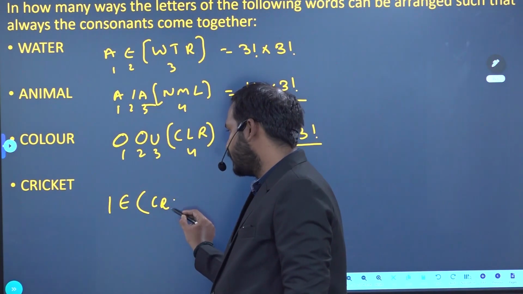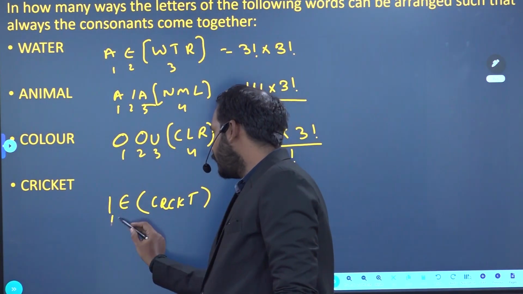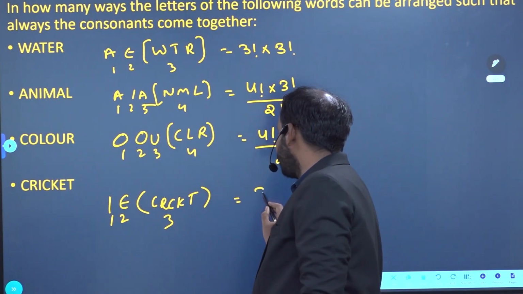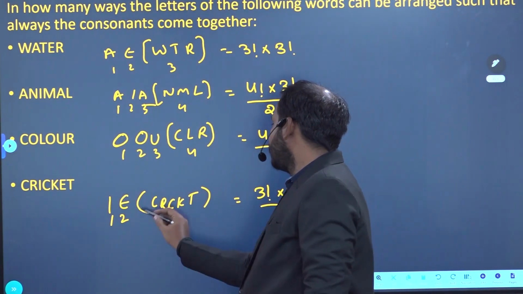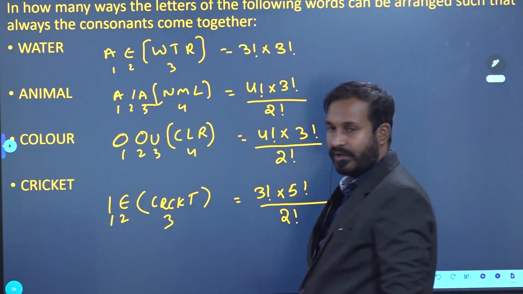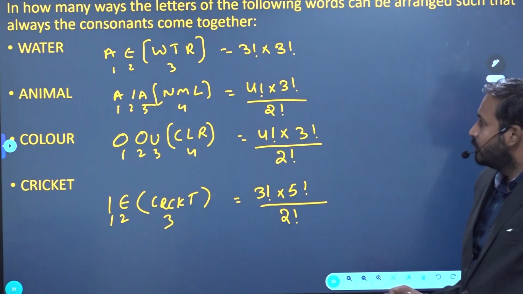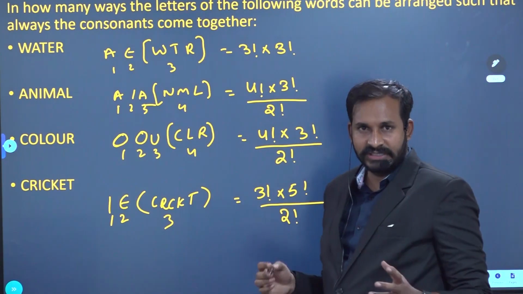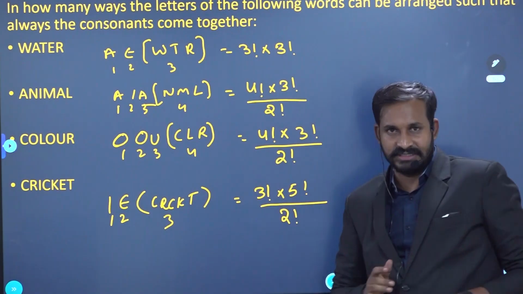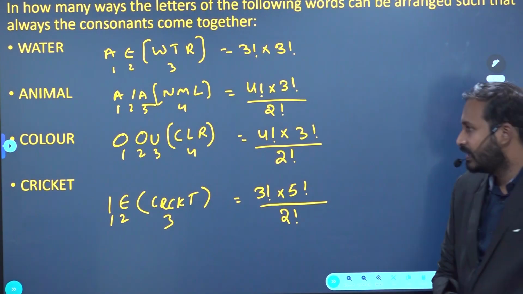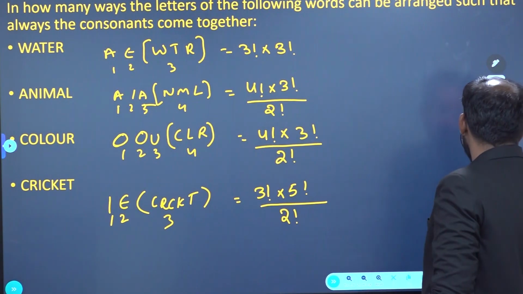So C, R, C, K, T. 1, 2, 3. So 3 factorial into this 5 can be arranged in 5 factorial ways, by, here C was repeated for 2 times, so by 2 factorial. In this manner, we will write when vowels always come together or consonants come together. This is the case. Understood, students?